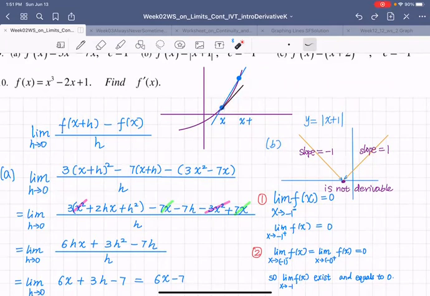So as long as these 2 points become very close, the slope here can represent my tangent line. That's why this is called instantaneous slope. And actually, the definition of derivative is exactly the instantaneous slope at this point.